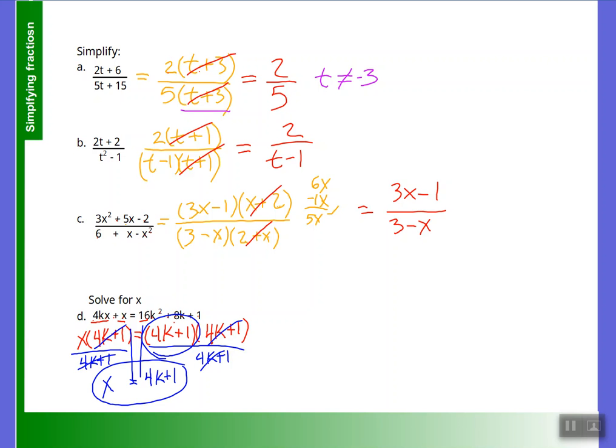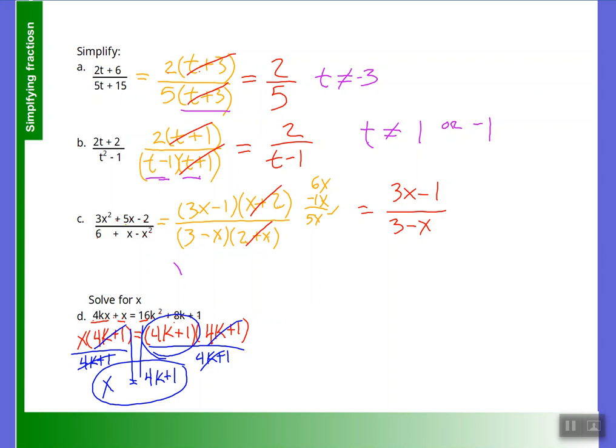Alright, so looking at these binomials, what would make this binomial here 0? 1. So t cannot equal 1. What about this binomial right here? Negative. And again, these are called restrictions, only looking at the denominator.